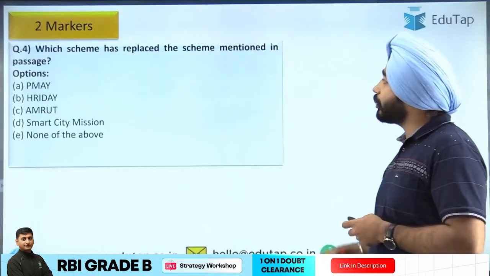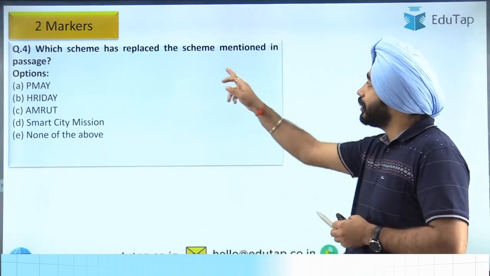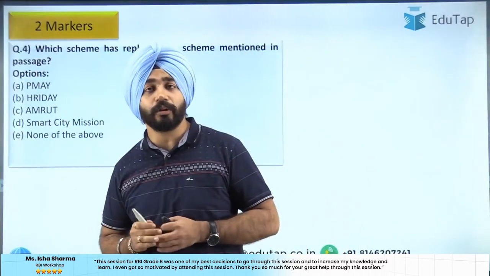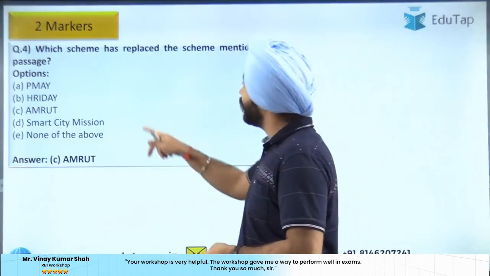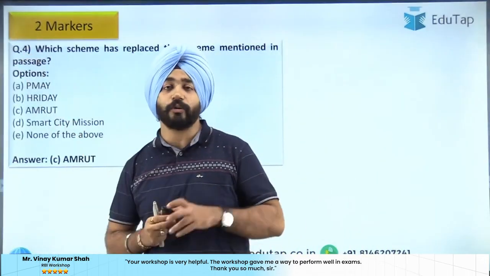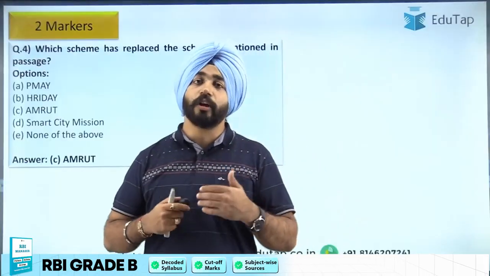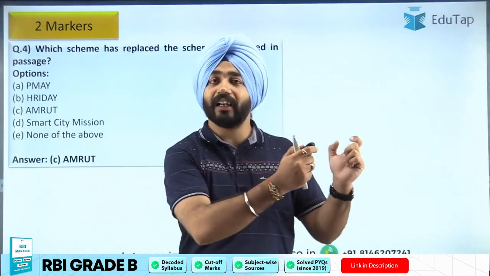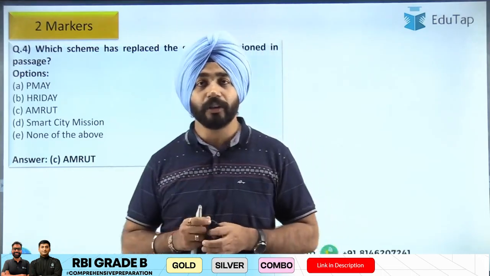ठीक है जी, coming to the next question on that specific scheme, that is Amrut scheme, the question that has been asked is: which of the following schemes has basically been replaced by the Amrut scheme. Okay, so the answer here is the Jnnurm scheme, that is, the question on urbanization and migration that has been asked. तो यहाँ पे majority of students said कि यहाँ पे जो question था that was basically talking about the Jawaharlal Nehru National Urban Renewal Mission, which was replaced by the Amrut mission.